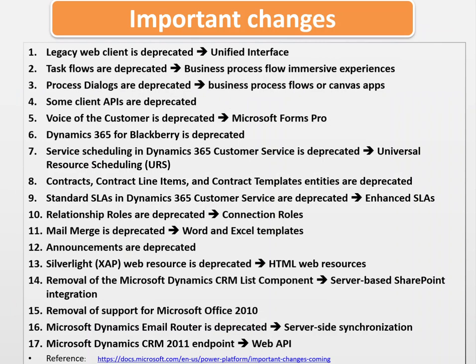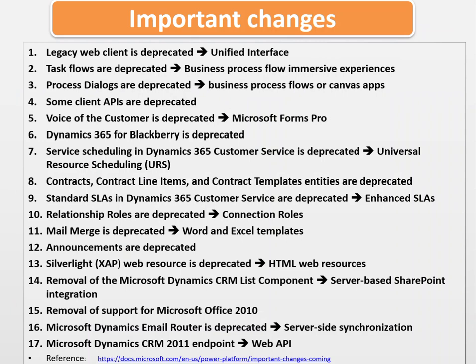The legacy web client has been replaced by the unified interface. The task flow has also been deprecated. Now we have business process flow, an improved experience. Also the dialogue is deprecated, and we can now use business process flow or canvas apps.